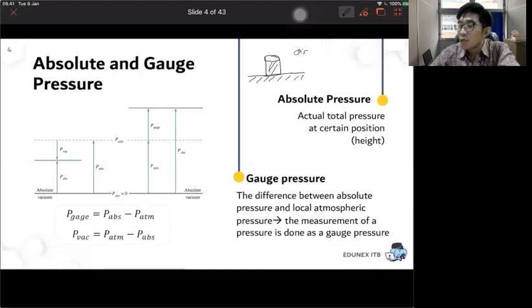How much is the pressure inside the cylinder if the cylinder is in open condition? Kalau ada silinder, silindernya terbuka, udara yang di dalam silinder terhubung dengan udara yang di luar silinder. Berapa tekanan udara di dalam silinder? How much is the pressure inside the cylinder?